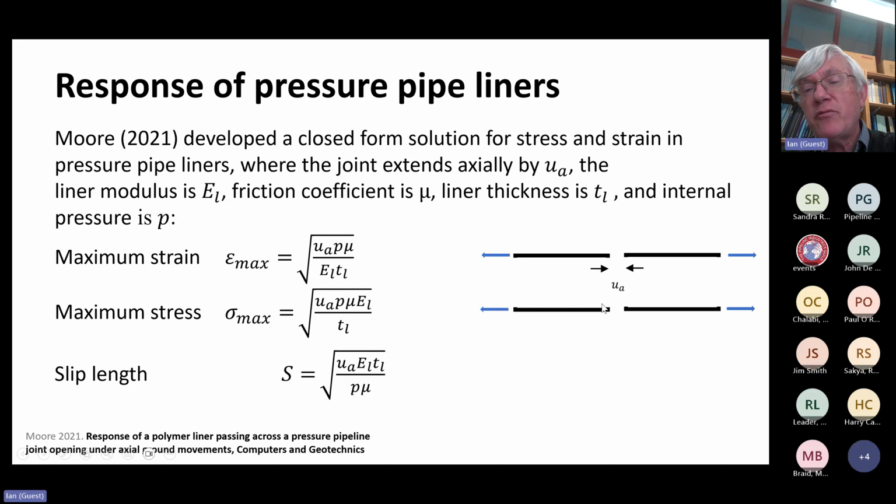So how far away would the service connections have to be in order to not be compromised by this type of motion? This is again quite useful. It's like little equations that we can put into a spreadsheet, and we can do some calculations.